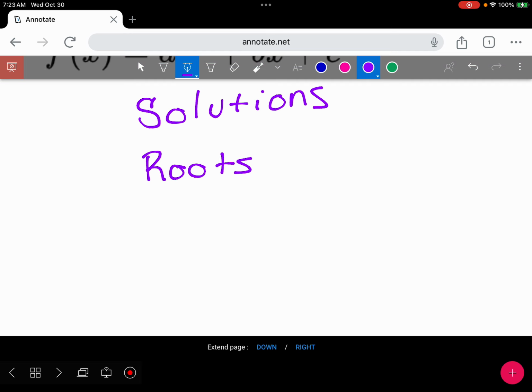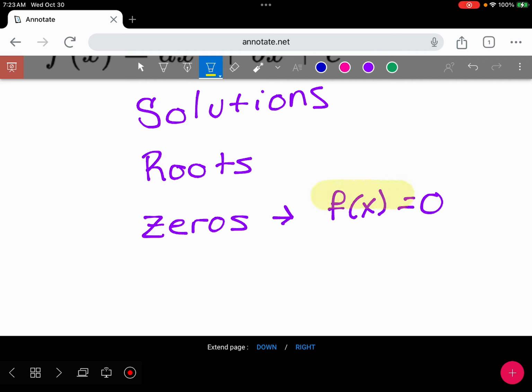We will also call them zeros because the solution happens where our f of x equals 0. That's why it's called a 0, and that's where we look for our solution, is when it equals 0.